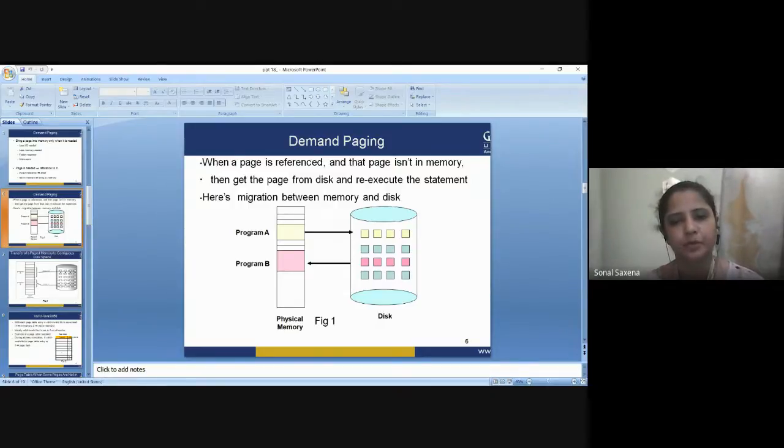I have told you about page fault, and that the page is not in the memory. Then get the page, execute the statement. So when the page you are referring to does not exist in the memory, we say that a page fault has occurred. And in case of page fault, what do we have to do? The CPU has to go inside the disk or the secondary memory to search for a particular program, and it brings it back into the main memory.